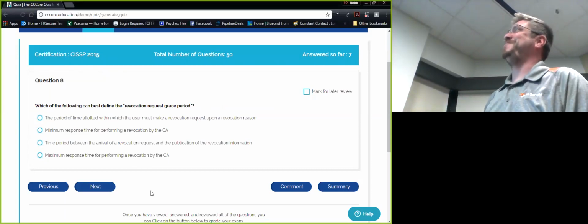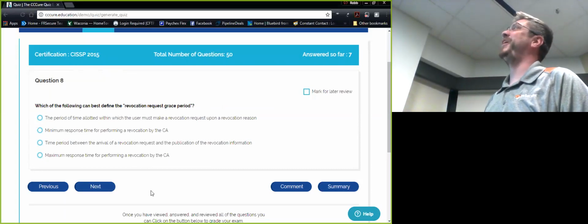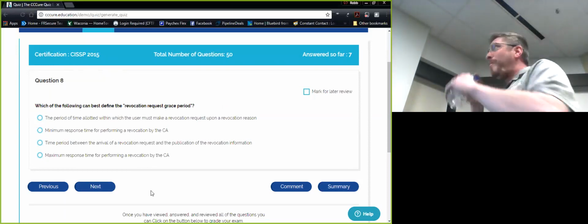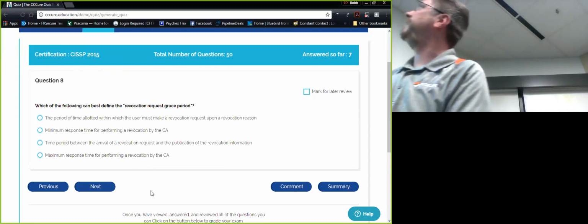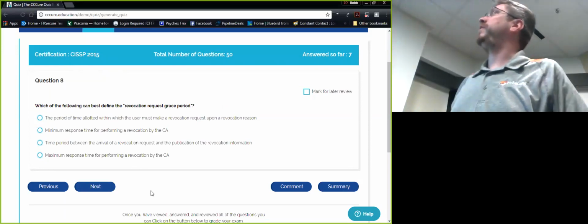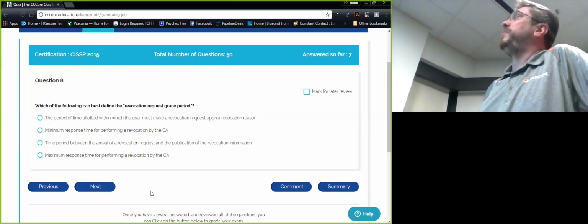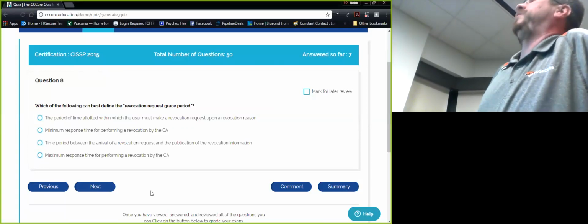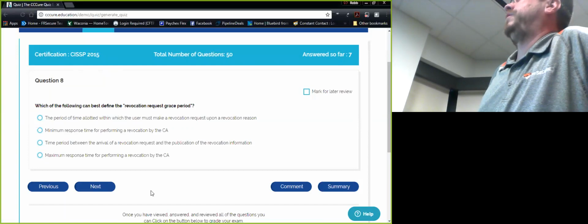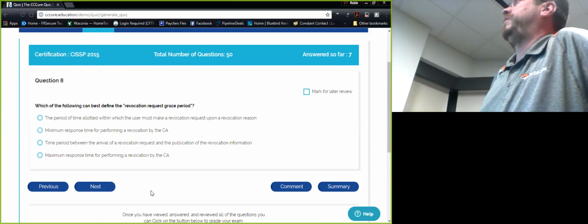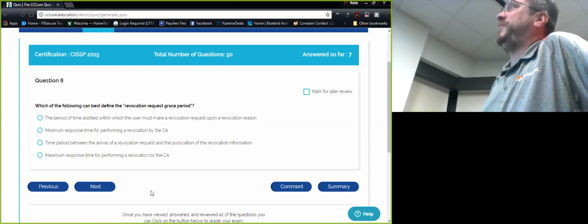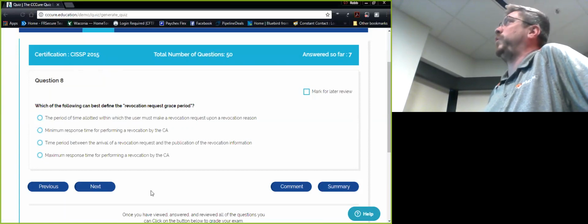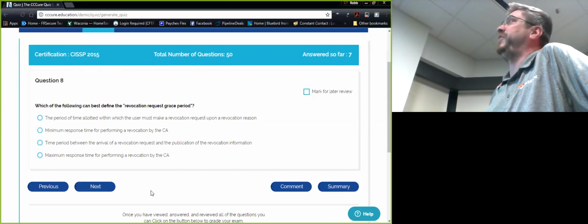Which of the following can best define the revocation request grace period? Period of time allotted within which the user must make a revocation request upon a revocation reason. Time between the arrival of a revocation request and the publication of the revocation information.